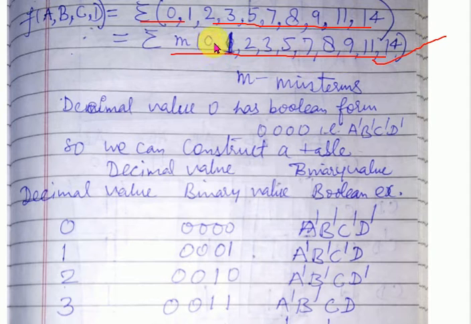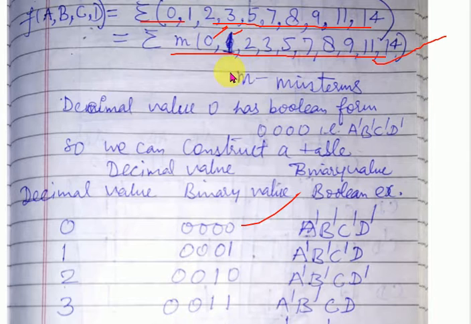So let us try. So represent 0 as 0 0 0 0, and in terms of min terms we can write it: first 0 means a dash, second 0 means b dash, third 0 means c dash, fourth 0 means d dash.